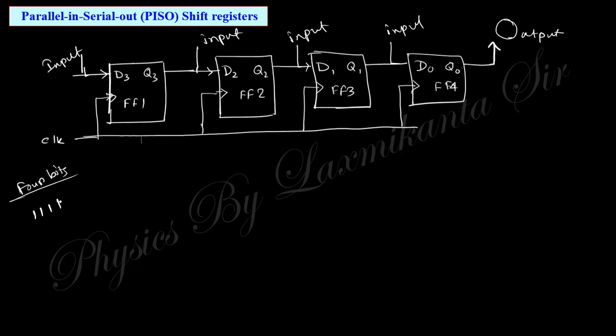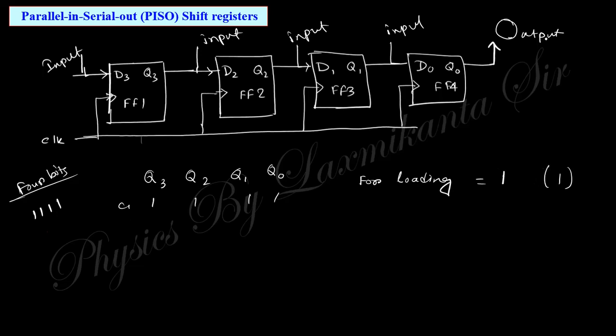So if you have 4 bits, that is inputted here in parallel. Parallel means with a single clock all are set here, with a single clock all are loading. So for loading you need, sorry, a single clock.